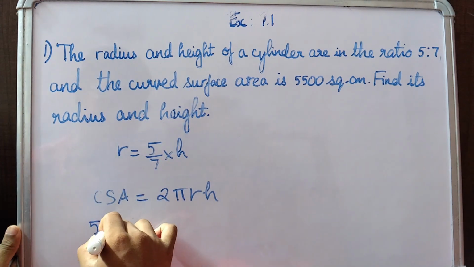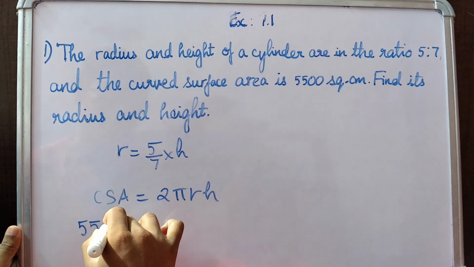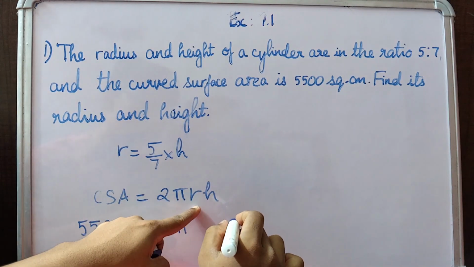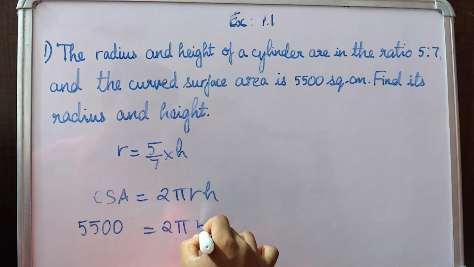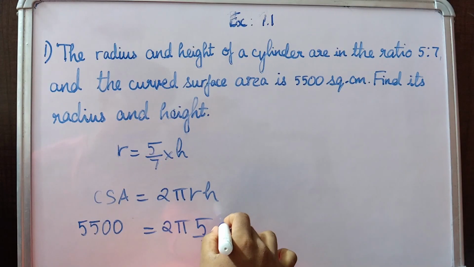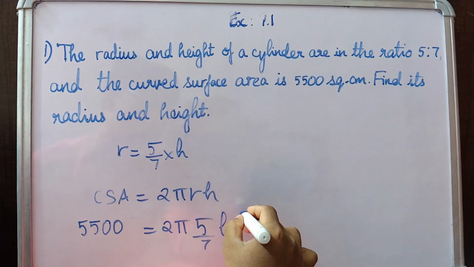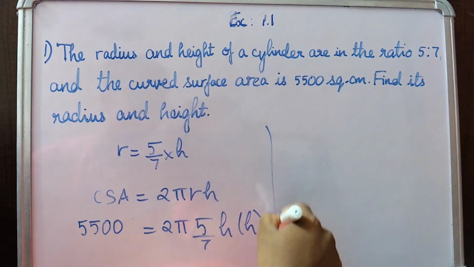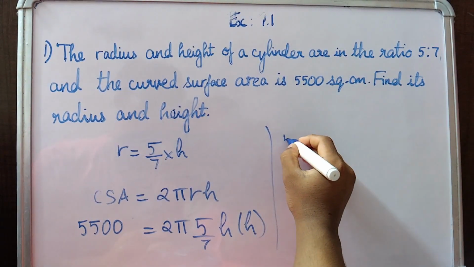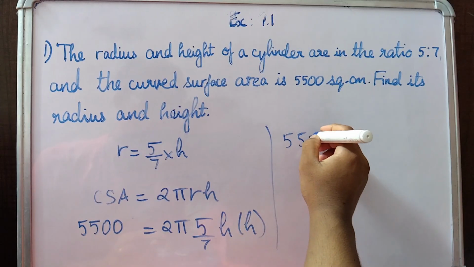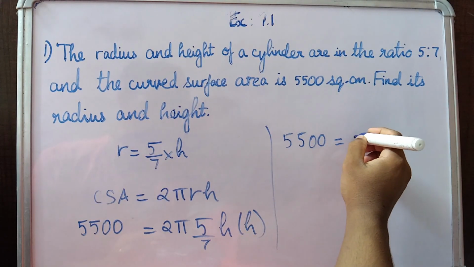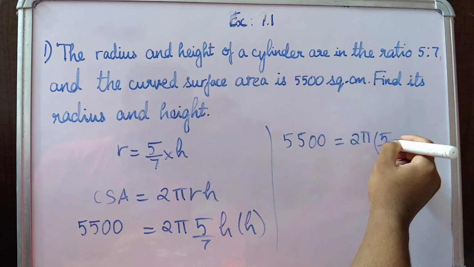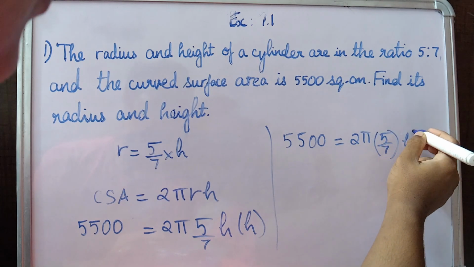So 5500 is equal to 2 pi, and instead of this r, we are replacing it with 5/7 h, into this h. So we can write this as 5500 is equal to 2 pi into h by 7 into h square.